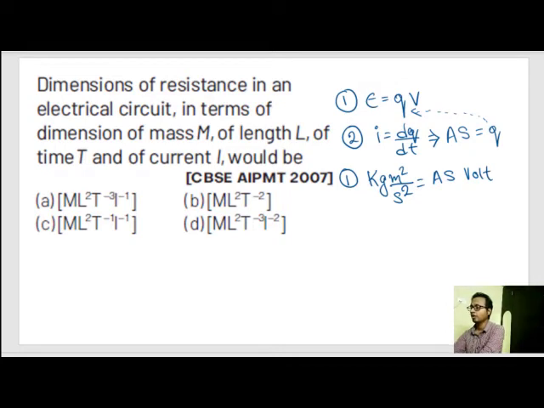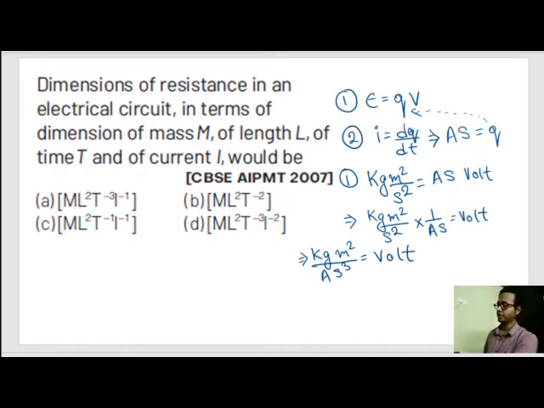Or volt can be written as kg meter square per second square into 1 by AS. Or this can be written as kg meter square by ampere into second cube, which is equal to volt. This is the thing you must remember. Okay. Now we already obtained volt.